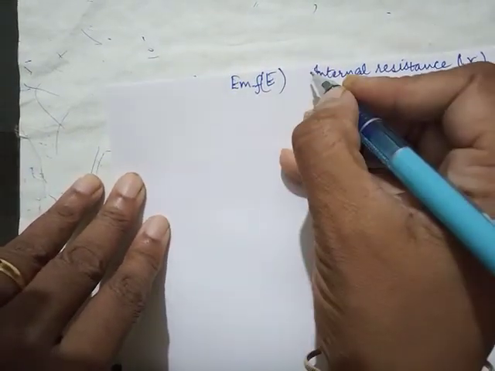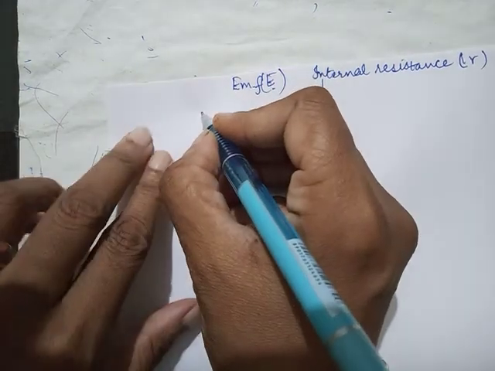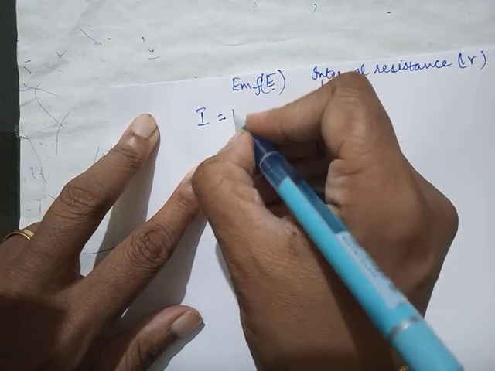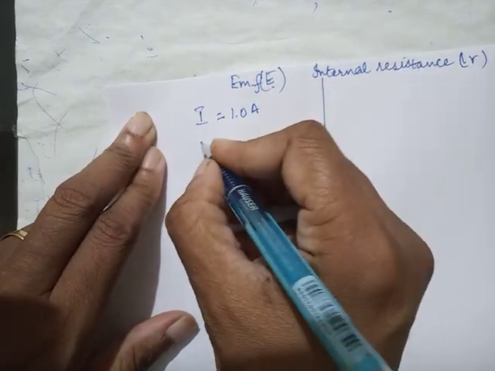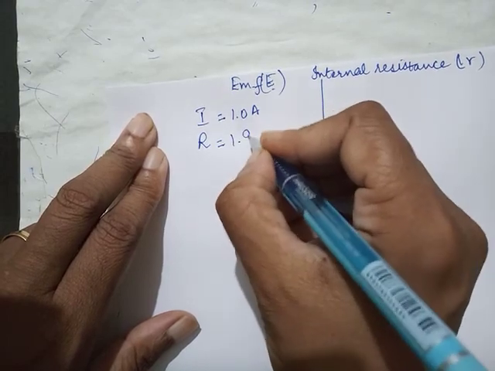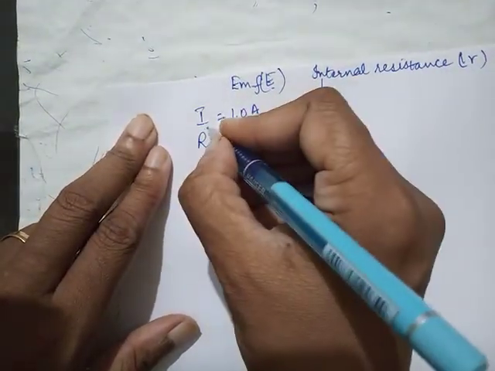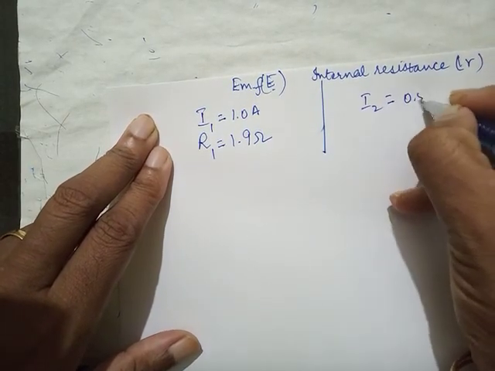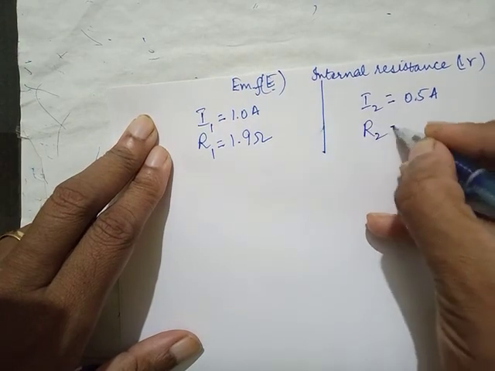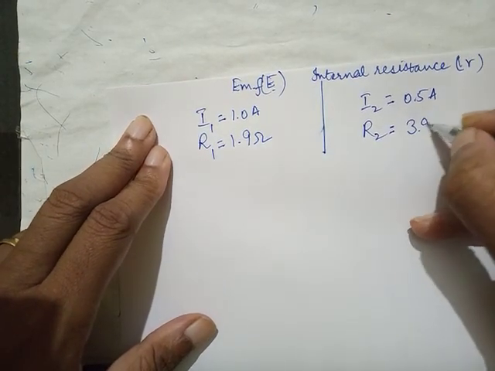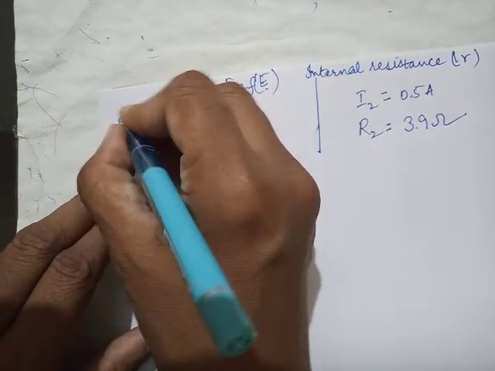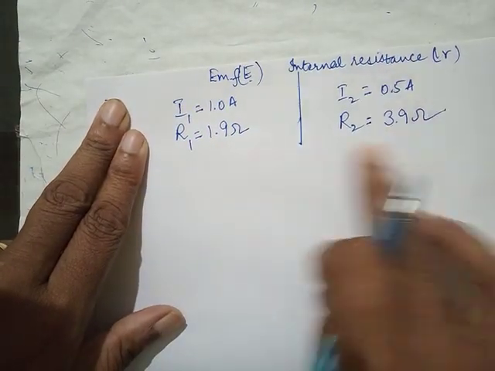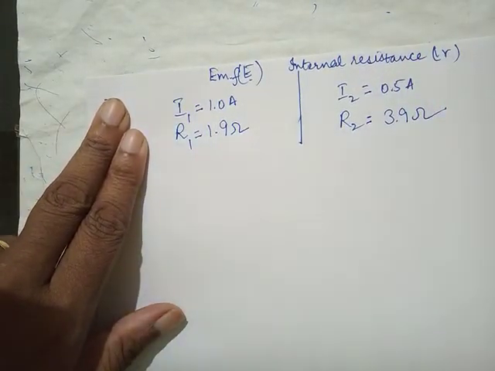Now there are two cases, same cell, but the current going through it was 1 ampere when its external resistor was 1.9 ohm, and current was 0.5 amp when its external resistance was 3.9 ohm. So these are the two cases. EMF and internal resistance are same, but they have given you two sets of values, current and resistance.